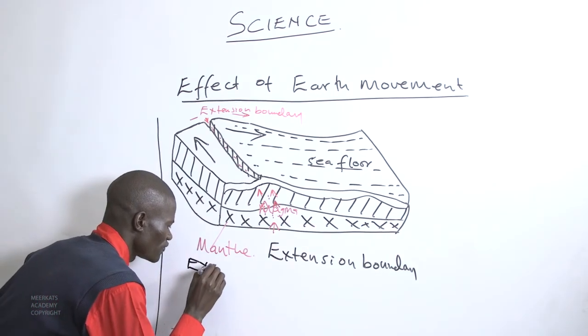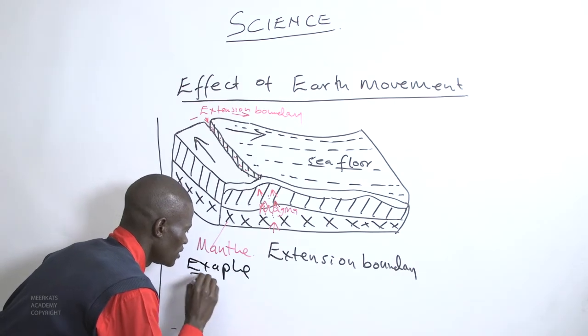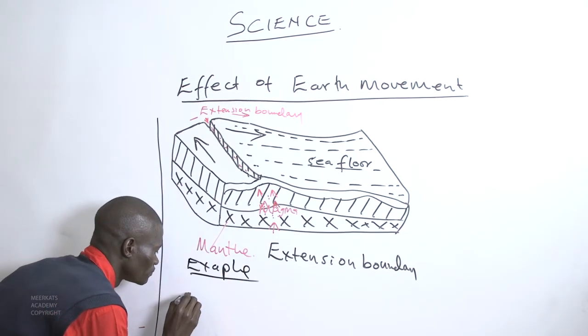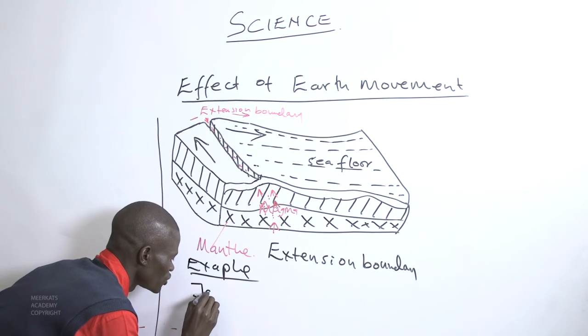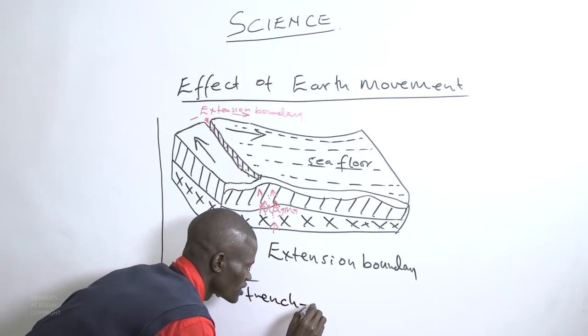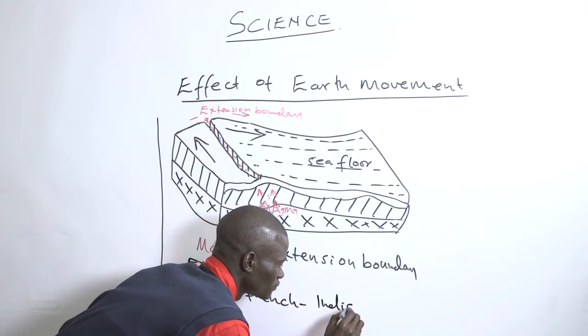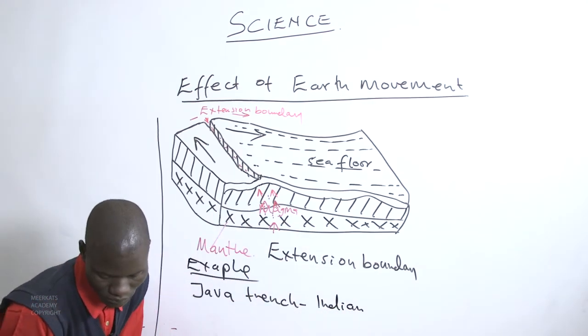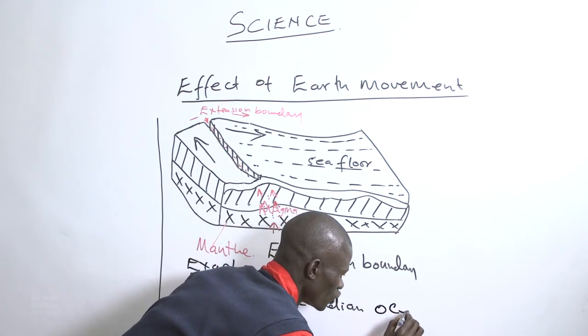I'll just give a few examples here so that we are able to know. We have the Java Trench. This one is found in the Indian Ocean.